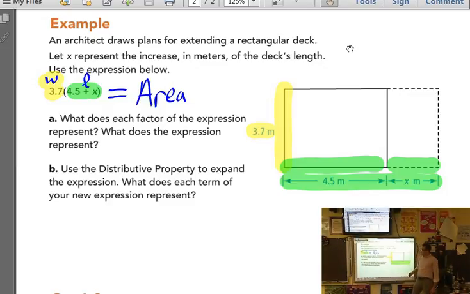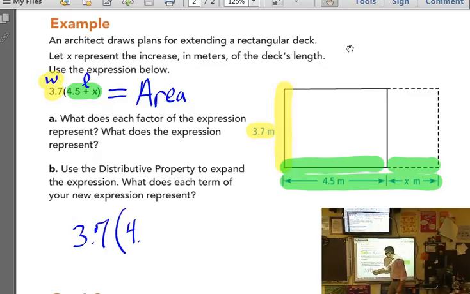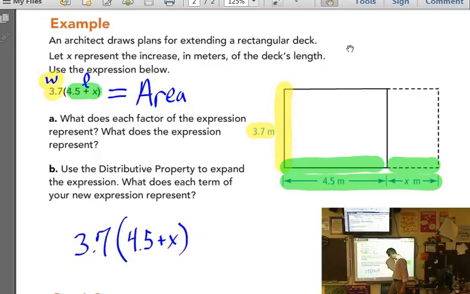So now let's actually distribute these values. So we have 3.7 times 4.5 plus x. Draw your arrows. Then write out what multiplication happens.